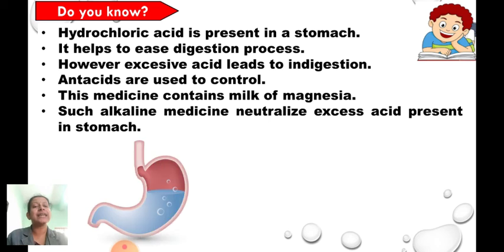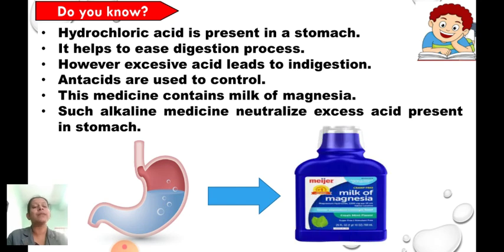Such alkaline medicine neutralizes excess acid present in the stomach. Here you can see the stomach contains blue color, which is nothing but the acid. When excess acid is produced in the body, which may lead to indigestion, it can be neutralized with the help of milk of magnesia, which acts like an antacid.